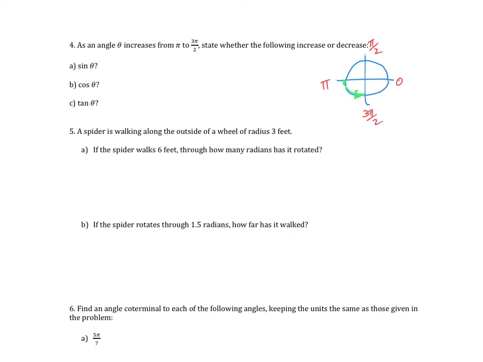So if we think about sine theta, that's going to be the y coordinate. So we have to think about what's happening to the y coordinate as the angle goes from pi to 3 pi over 2. And we can see that y is going down. And if y is going down, that means that sine theta is going to be decreasing in this interval.